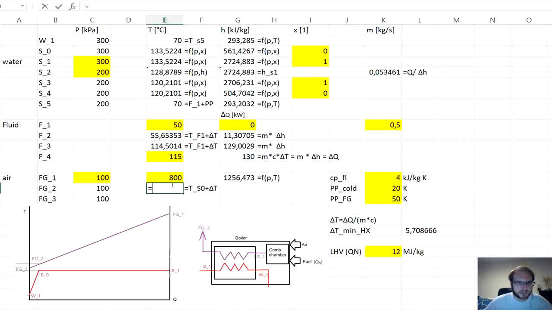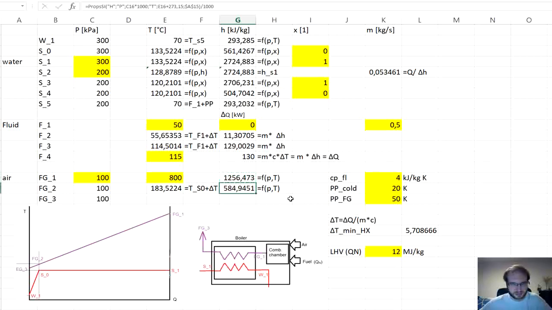So the temperature of FG2 is temperature T0 plus 50 Kelvin. Now we have the pressure and temperature. From these two parameters, we can again get the enthalpy.